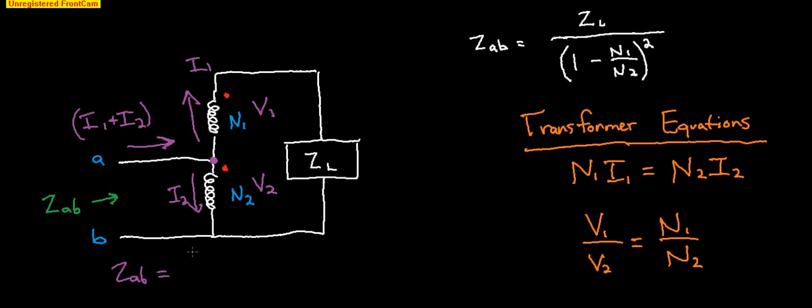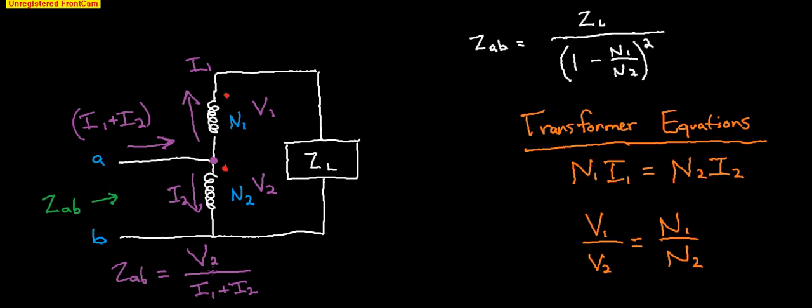So we can say that voltage is going to be V2 divided by the current flowing in from terminal A, which is I1 plus I2.